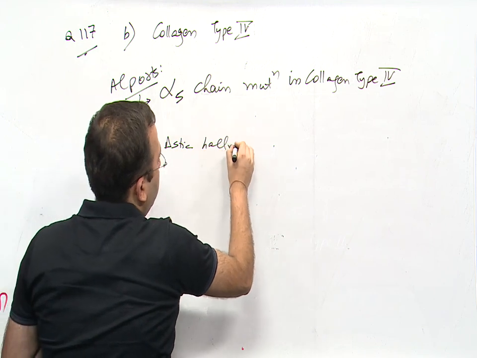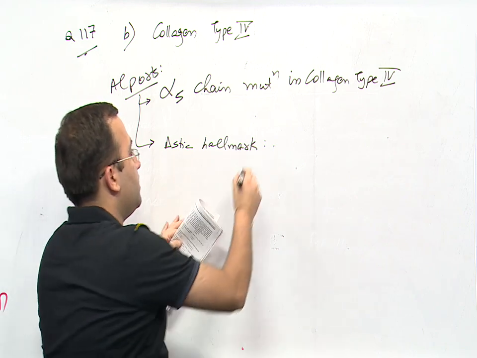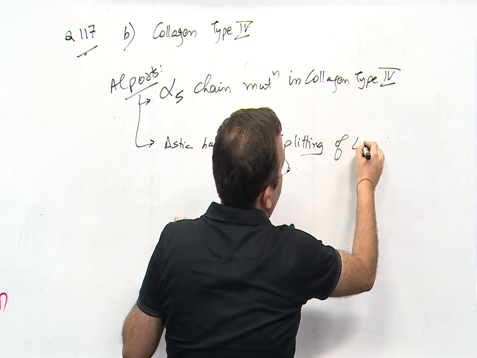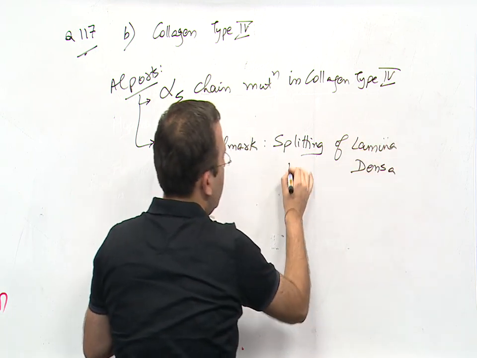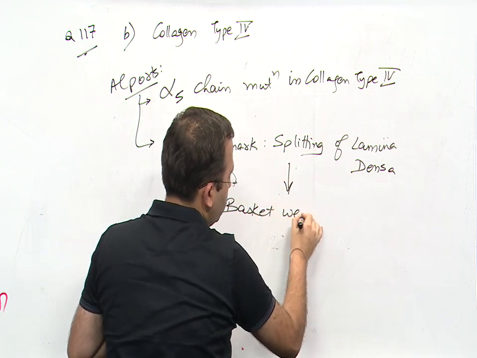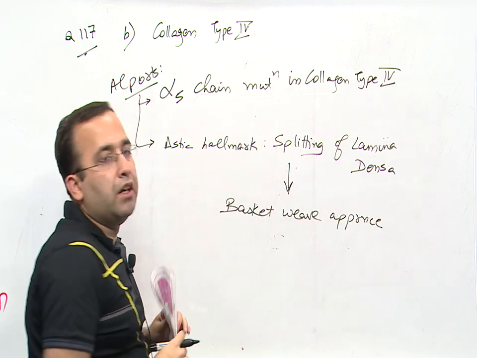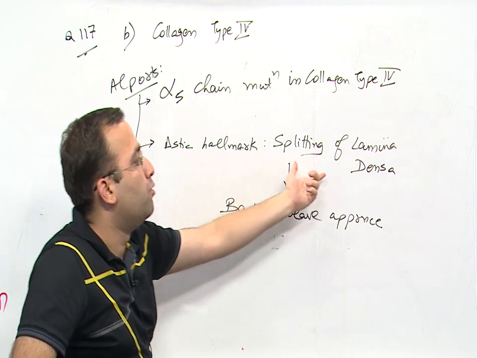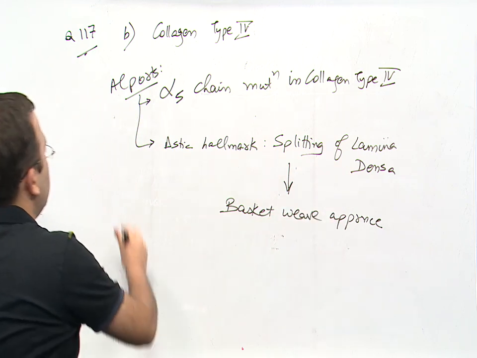The diagnostic hallmark of Alport syndrome is splitting of the lamina densa, giving it the classical basket weave appearance. So the diagnostic hallmark of Alport's is splitting of lamina densa, giving it a basket weave appearance.